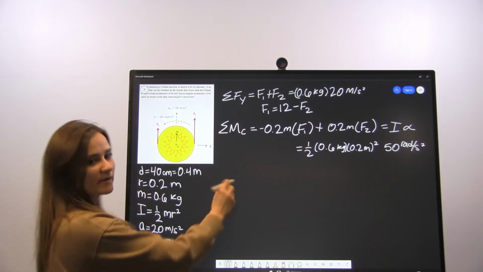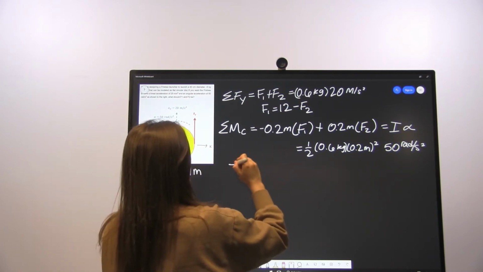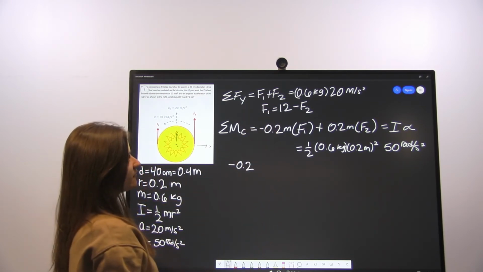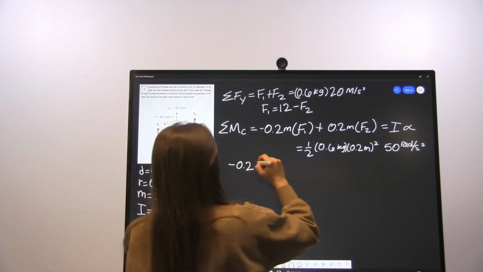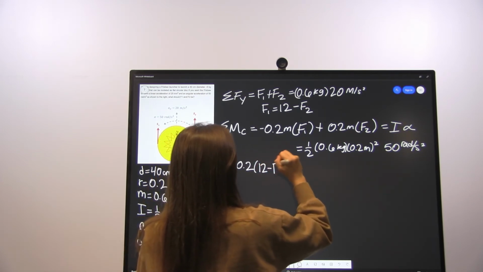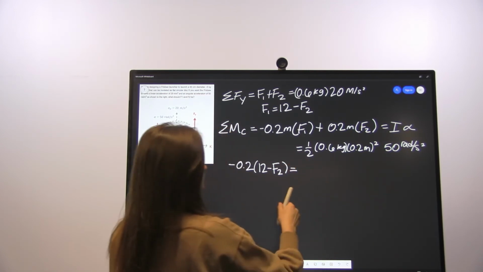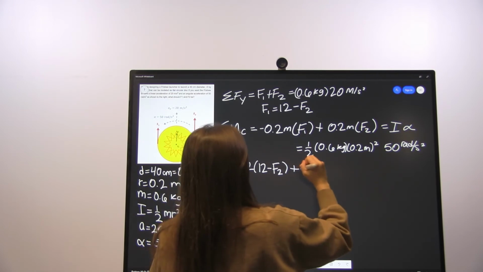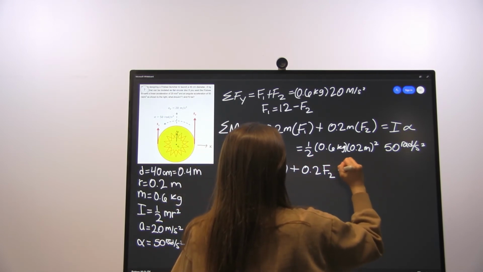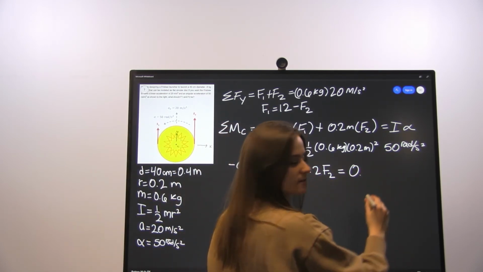From here, when we simplify this, we get negative 0.2, and we're going to plug in force 1 that we found from our net forces in the y direction. So negative 0.2 times 12 minus force 2, plus 0.2 times force 2, is equal to 0.6.